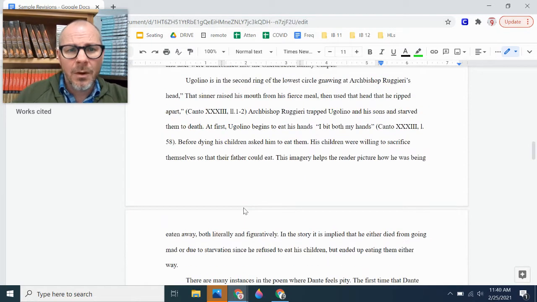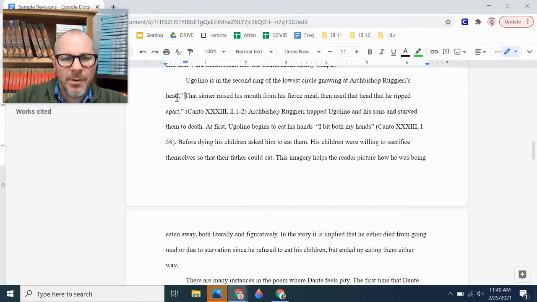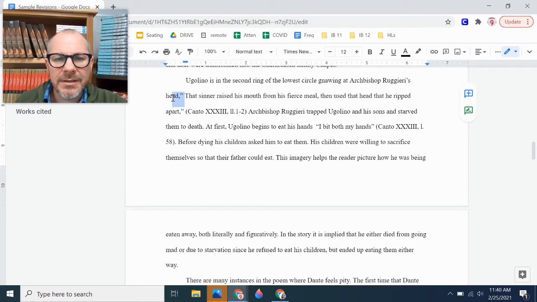Let's see. Ugolino is in the 2nd ring of the lowest circle, gnawing at Archbishop Ruler's head. Grammar error here. The sinner raised his mouth from his funeral. Should be a colon. The sinner raised his mouth from his fierce meal, then used that head that he ripped apart. Thank you, Dante.